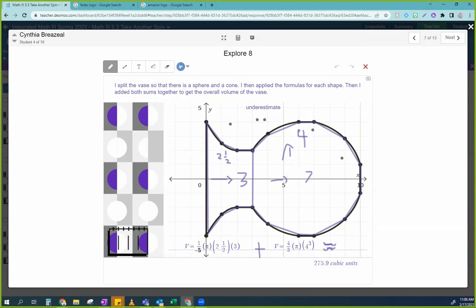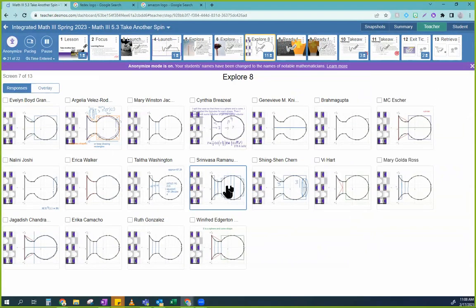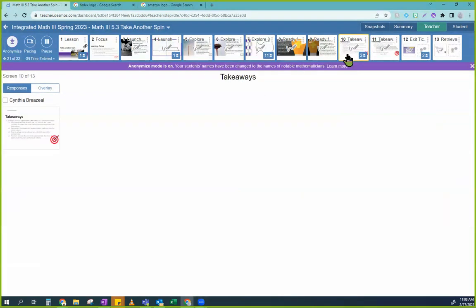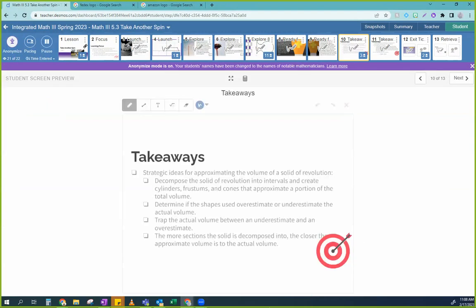It has to be between whatever this person found, Cynthia Brazil, and this person here. So does that make sense in terms of trapping it? You're going to trap that number between those two values, okay?